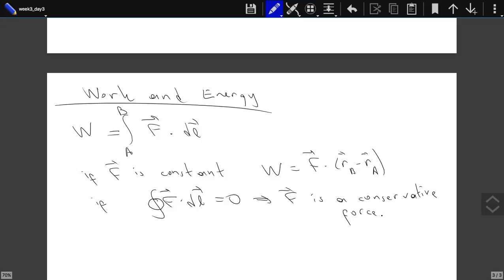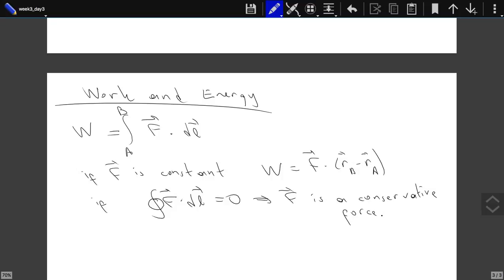So we define a potential energy for the gravitational force. When I lift this thing up, there are many forces acting on it. I am exerting a force on this object, and gravity is exerting a force on this object. But the work that I have done on this object is stored in the potential energy of my system, in the gravitational potential energy.